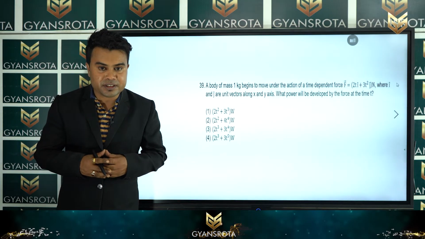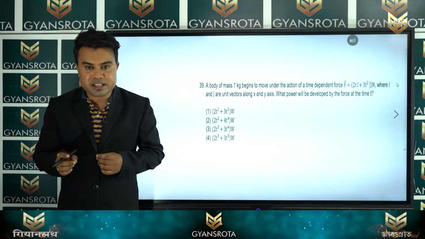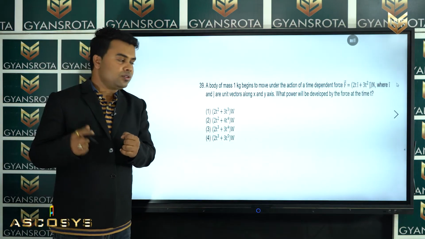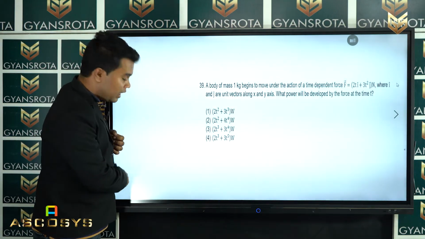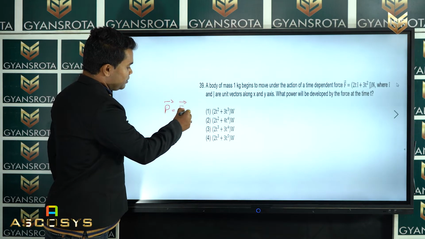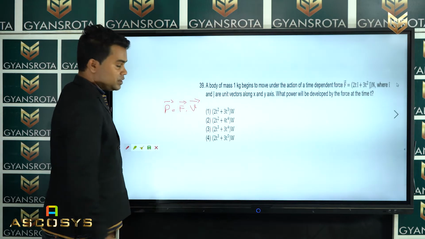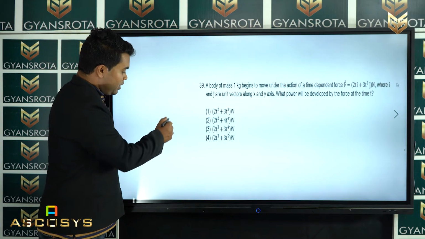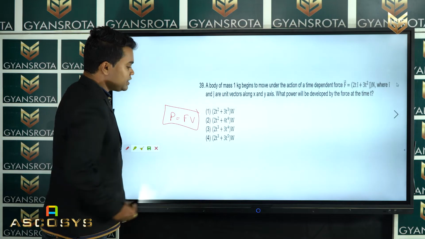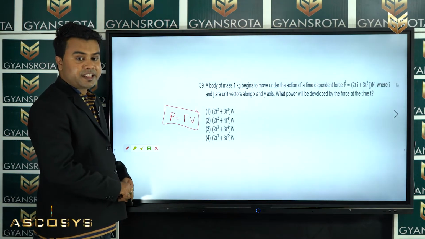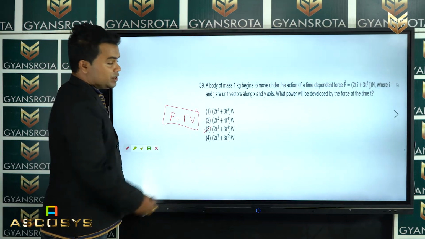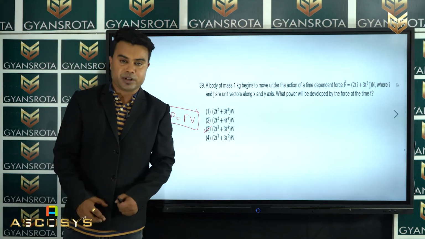Your mass is given, so F is equals to mass into acceleration. From there you can find out the velocity, right? So you can use the formula, power is equal to force multiplied with velocity. With the help of this you can find the answer. You try it by yourself and see what you get.